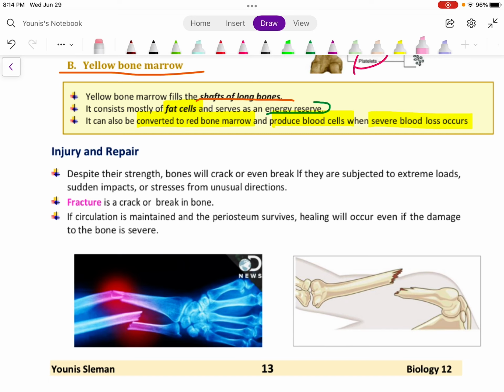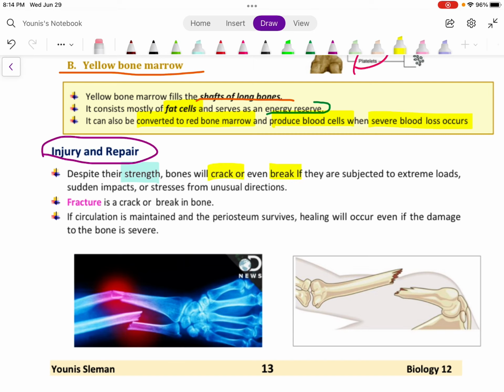Alright, now we have the injuries and repair. Although bones are strong, they can crack or even break.